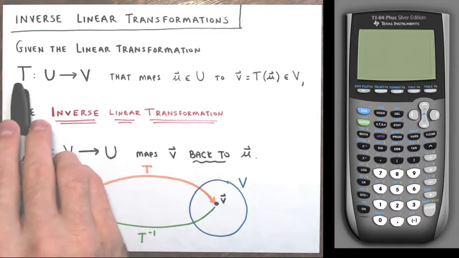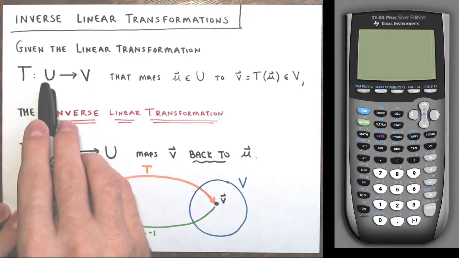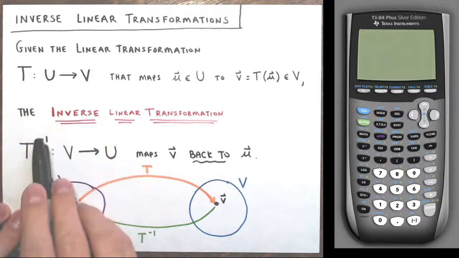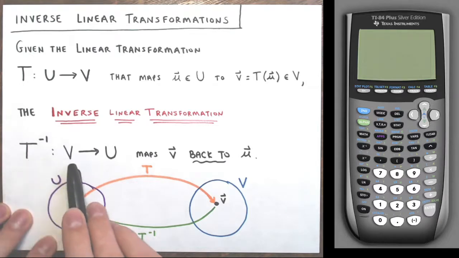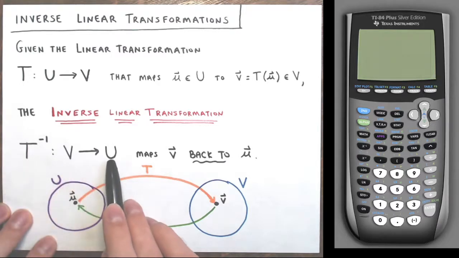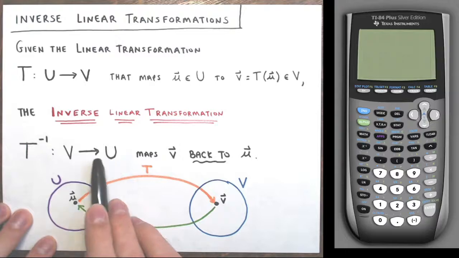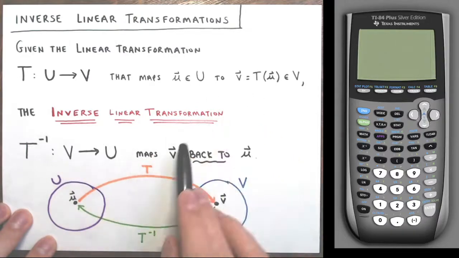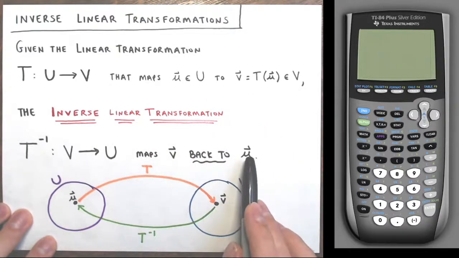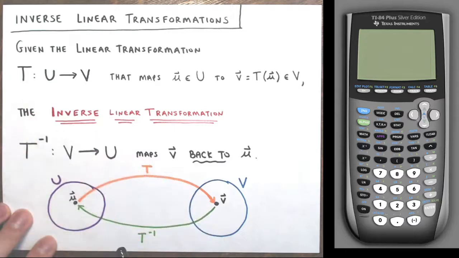So T was a transformation from U to V. T inverse will be a transformation from V to U. And what's going to happen is it's going to map that V right back to the U it started from under transformation T. I have a little picture of what I'm talking about right here.